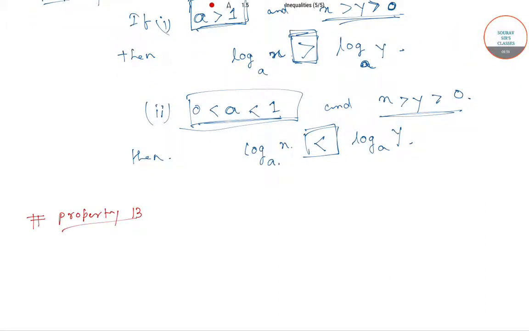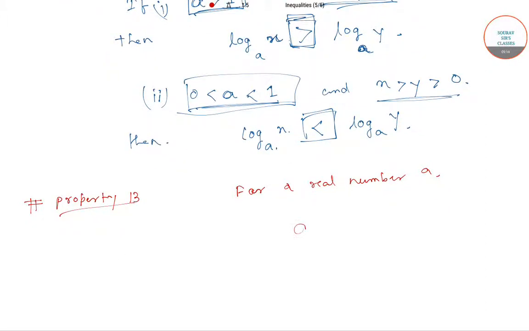Next property states that for any real number, say a, a would lie in the interval of minus mod of a to mod of a.